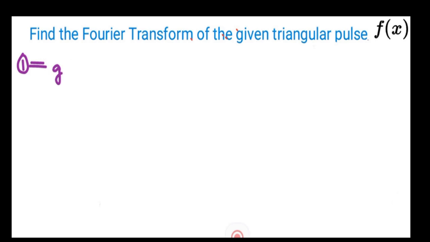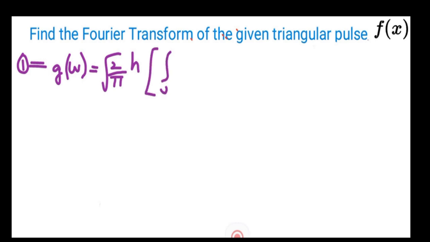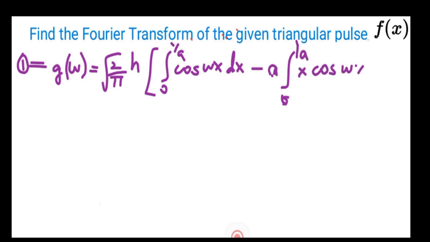Now we have to substitute these values in equation 1. Equation 1 is g of omega equals square root of 2 over pi multiplied by h times the integral 0 to 1 over a of cos omega x dx, minus a times the integral 0 to 1 over a of x cos omega x dx.